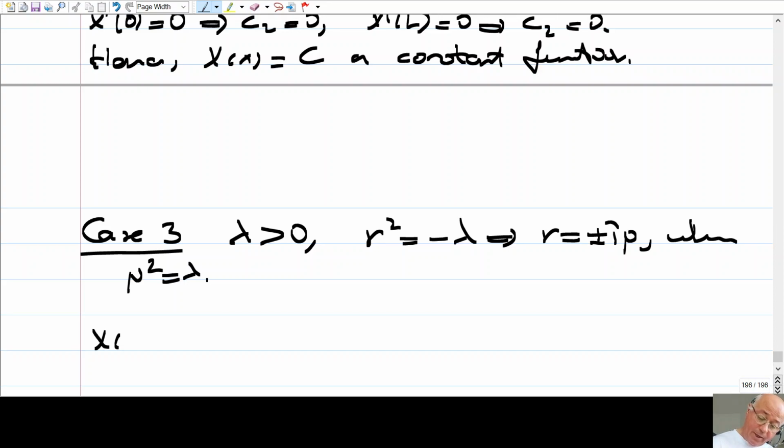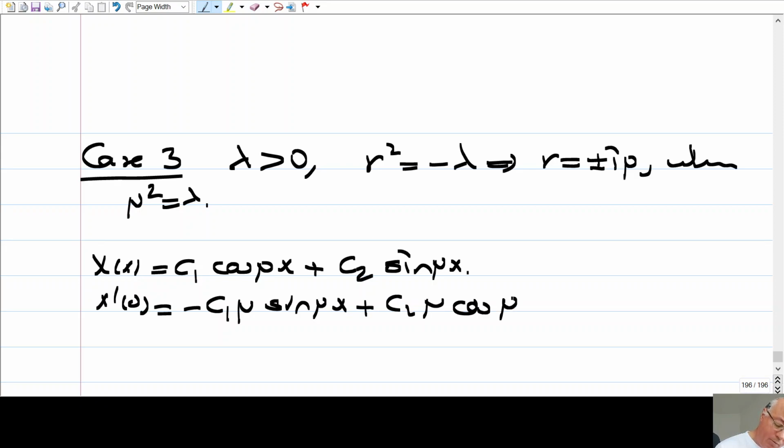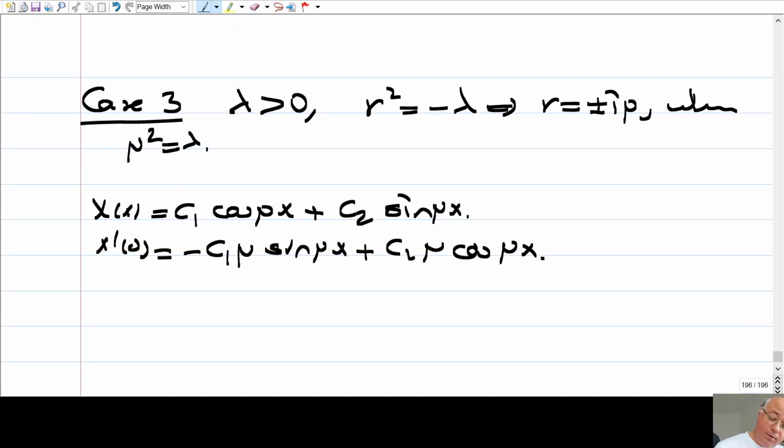And from this we get X of x is just C1 times cosine mu x plus C2 times sine mu x. And I need to apply the boundary conditions. For that, I need to take its derivative. So this is minus C1 mu sine mu x plus C2 mu cosine mu x. And so this is X prime of x.